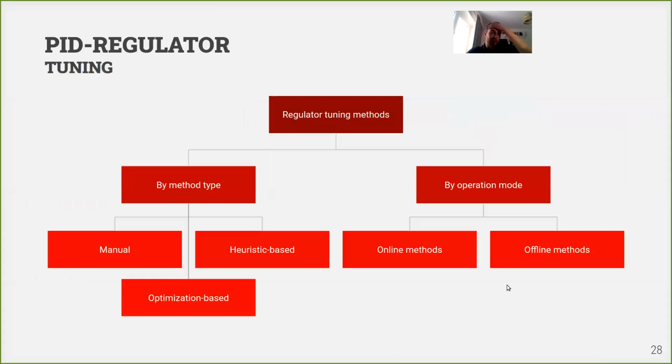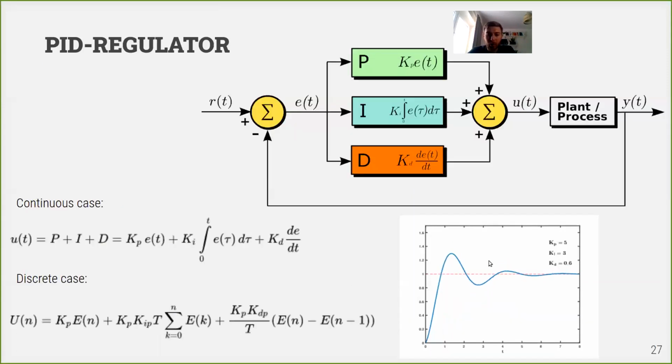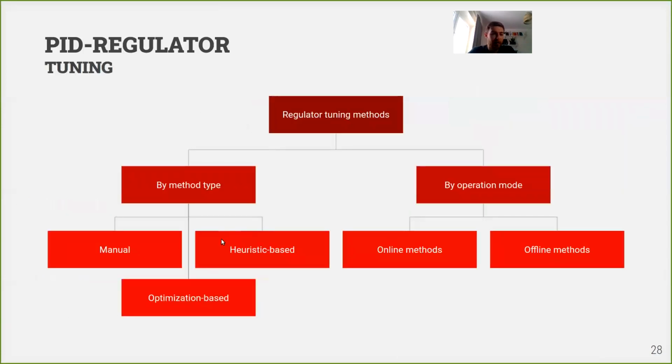So, for tuning a PID regulator or for choosing these coefficients, there are many methods. There are manual methods, so we can just look at the output and manually adjust these coefficients. There are heuristic-based and optimization-based methods.